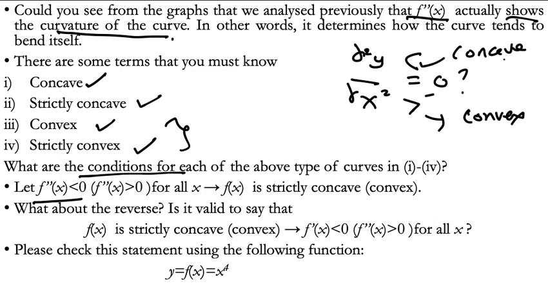Okay, like I said earlier, the curve must be concave, isn't it? And it is concave for all x in y. Okay, then if f double prime x is less than 0 for all x in y, we call it strictly concave. The opposite is convex.